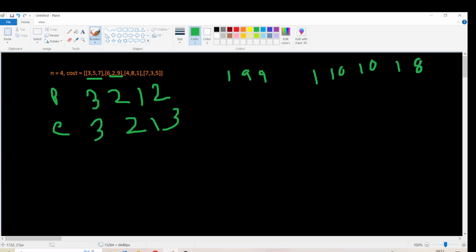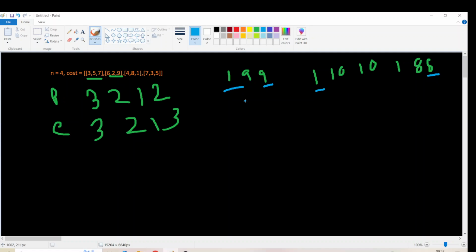We can't really take the first element every time, because we can't paint the first house and second house with the same color. Here we can't paint the first and third house with the same color either. So we have to take 1 from here and 8 from here, or we can take 9 from here and 8 from here, and we can take 10 from here. So the cost will be 9 plus 10 plus 8, 27.